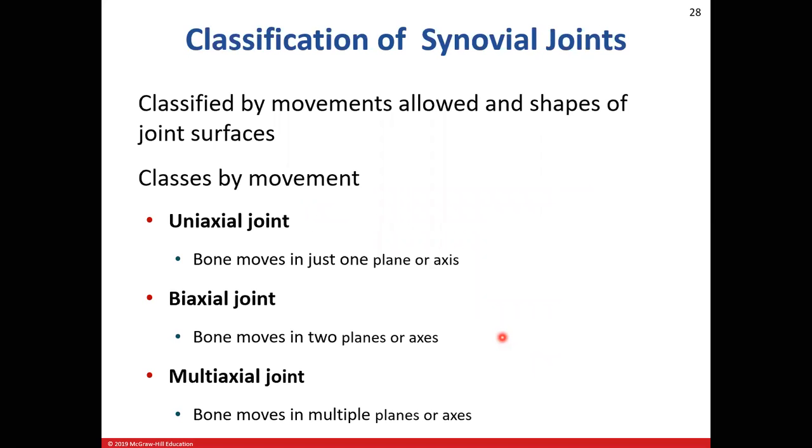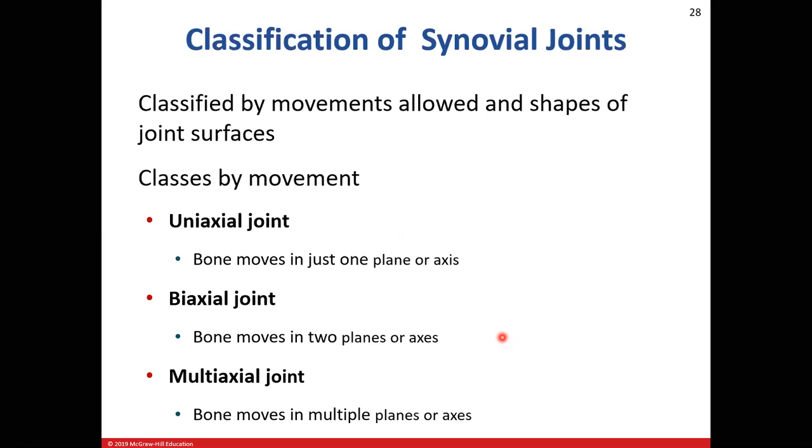So when we look at synovial joints, we have, again, different classifications. And these are going to be classified by the movements allowed, but also by the shapes of the joint surfaces. We're going to talk about the classes of movement first. When we look at the movement of synovial joints, we have three different movement classifications. We have a uniaxial joint, a biaxial joint, and a multiaxial joint.